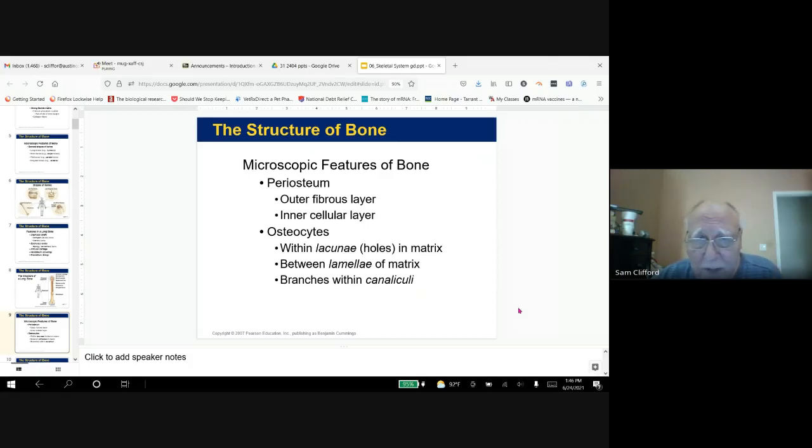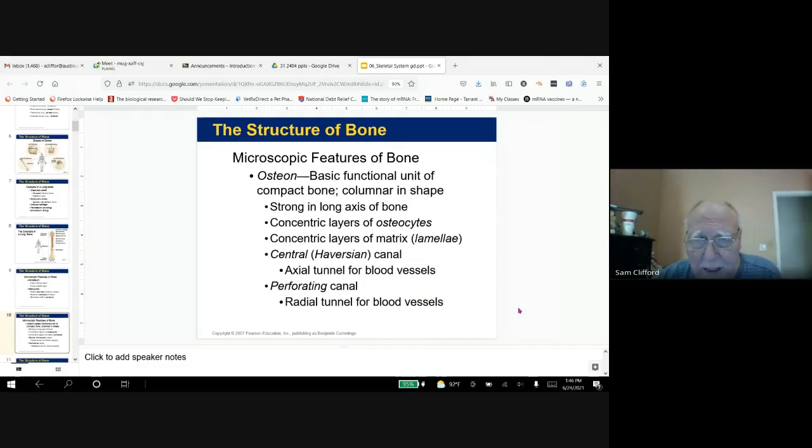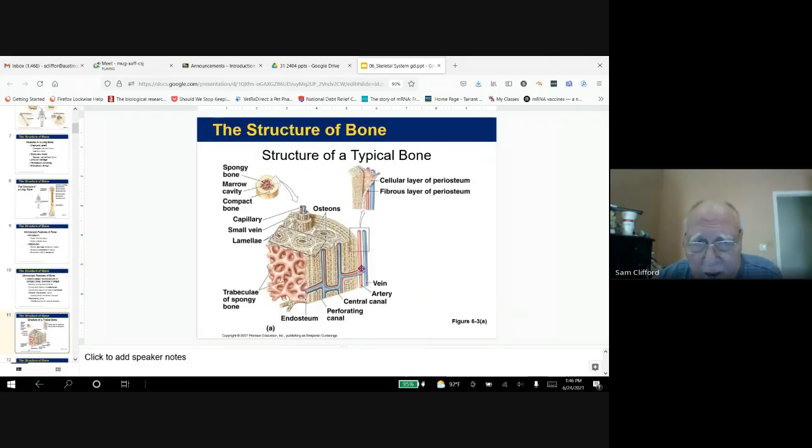So let's look at the microscopic features of bone. The periosteum goes around the outside of the bone, and then we'll get here. Compact bone, long bones have these long columns of osteons, and the central canal has nerves and blood.